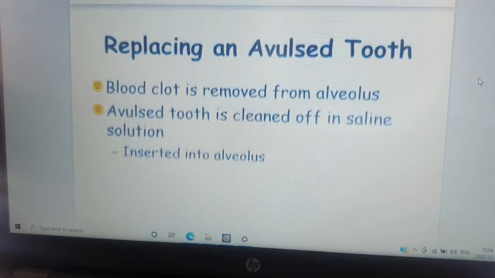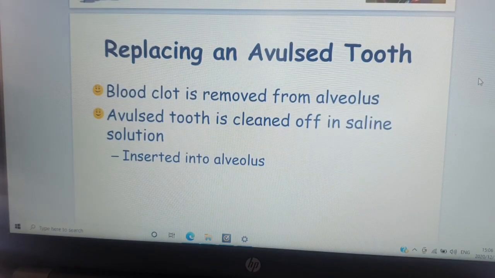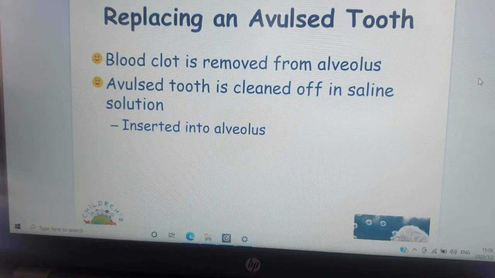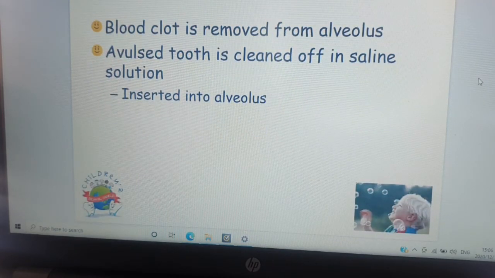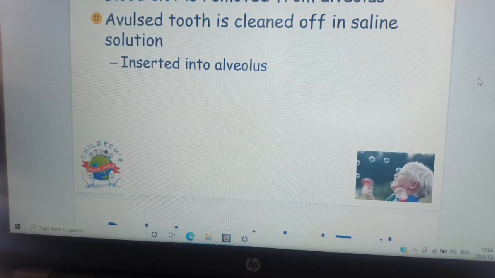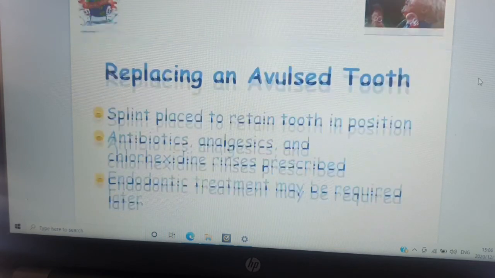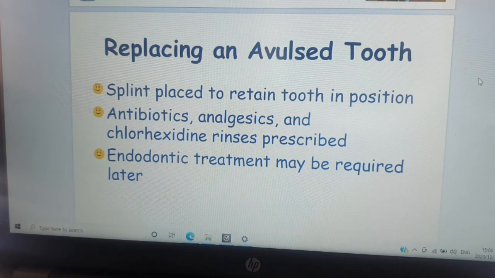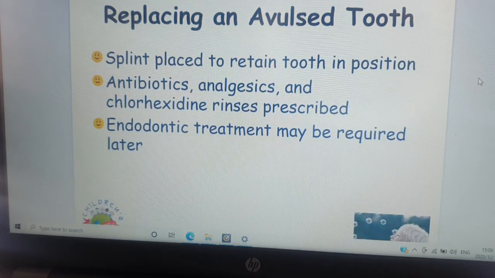With avulsed teeth, we have a very high success rate when it comes to our pediatric patients, but this is not necessarily the same in adults because the cells that we require to keep the tooth alive diminish with age. Replacing an avulsed tooth, we will have to splint, like I said, either with orthodontic wire, or some dentists make use of composite resin material to retain the tooth in position.